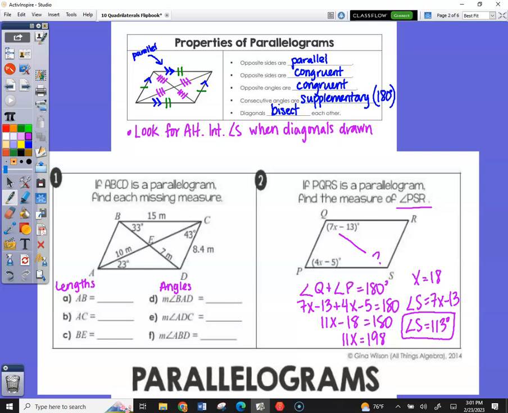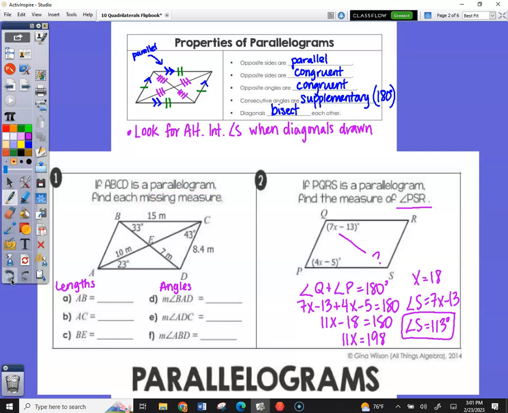Okay, we have a lot going on here. Let's look at what we know. Notice that if it has a degree symbol, it's referring to an angle. If it has this little M, it's referring to a linear measurement. We do have diagonals drawn. We do know that it's a parallelogram.